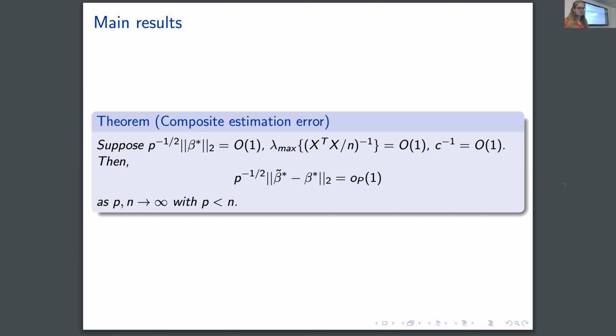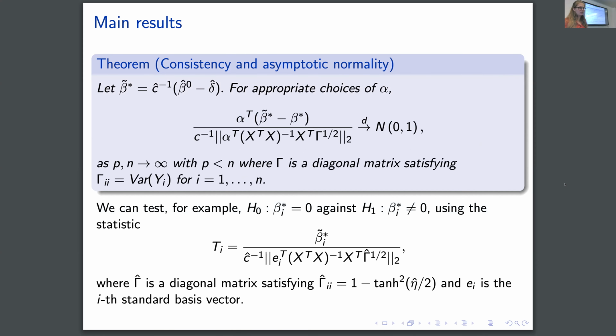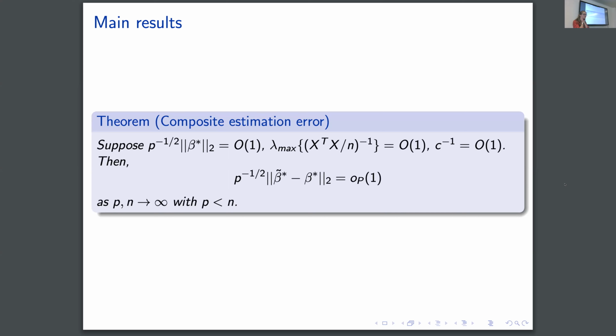So the first condition, this one, is the sparsity. It's weaker than sparsity though. And the second term just means that you're not getting eigenvalues that converge to infinity, which happens when you've got perfectly linearly related covariates.